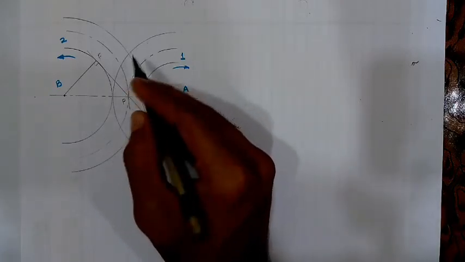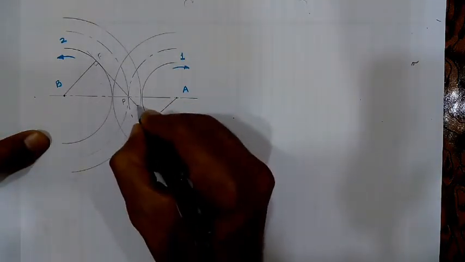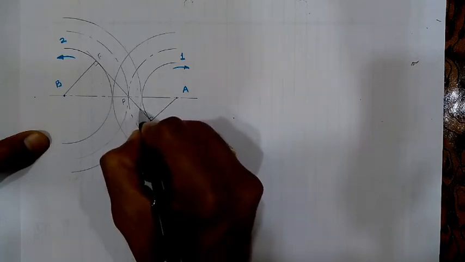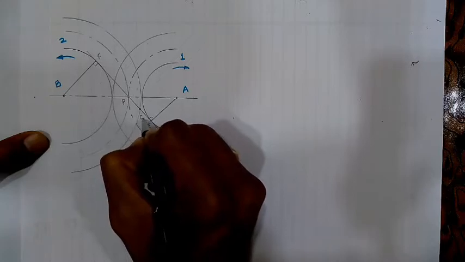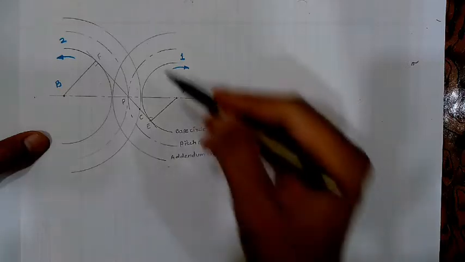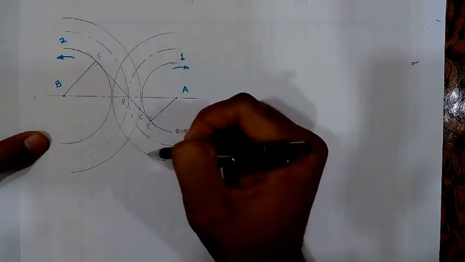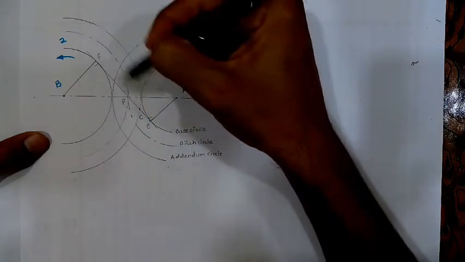So the addendum circle of the wheel is intersecting the line of action at this point, and let it be C. So at point C, the contact between two teeth will start, and the contact between the two teeth will be broken where the addendum circle of the pinion intersects the line of action.